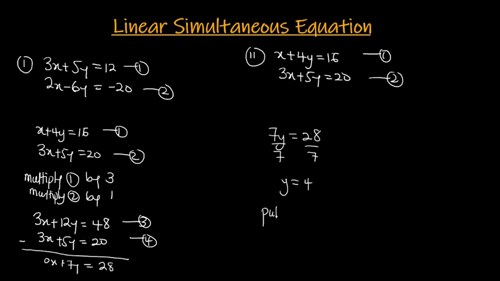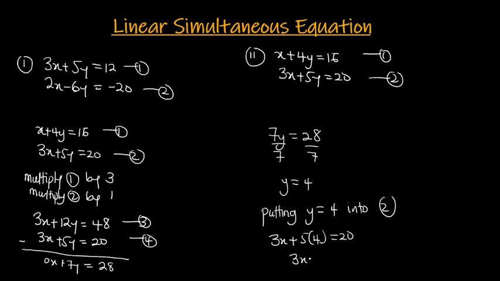Now putting y equals 4 into, let me put it into equation 2 this time around, I'll get, over here we have 3x plus 5y, this is 4, is equal to positive 20.